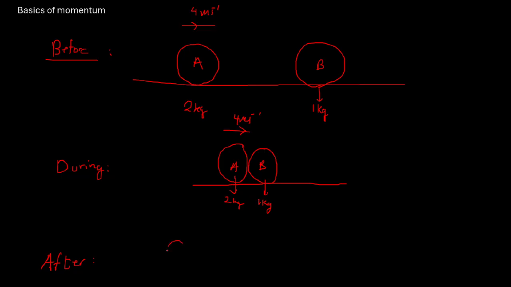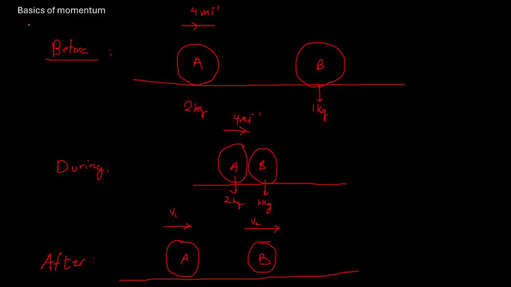So that means A, B. After the collision, assume that it's proper, A is going to move with some speed v1 and B is going to move with some speed v2. We don't know what they are. All we do know is that when you collide ball A with B, you're going to get ball B moving and you're going to get ball A moving.